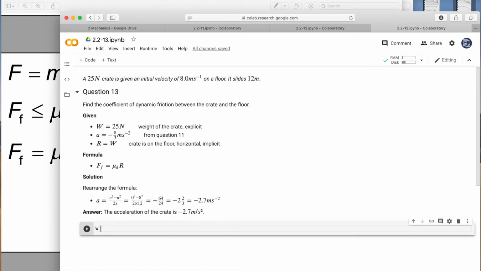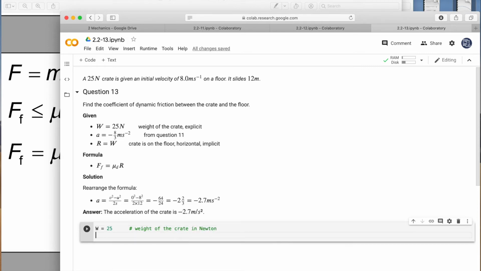So W equals 25 Newton, and we know the reactive force equals the weight.